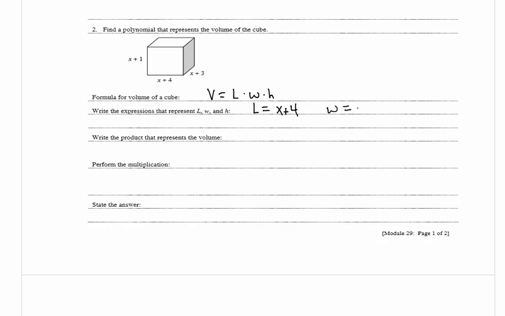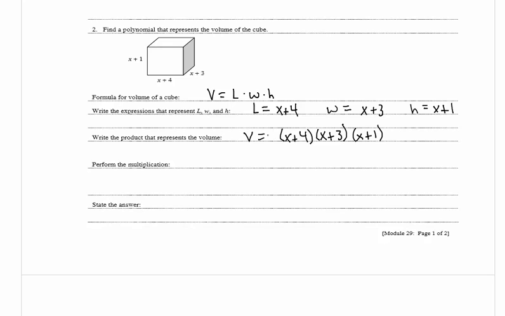W is going to be equal to x plus 3. And H is going to be equal to x plus 1. And now they want us to write the product that represents the volume. So we're going to have volume is equal to x plus 4 times x plus 3 times x plus 1.